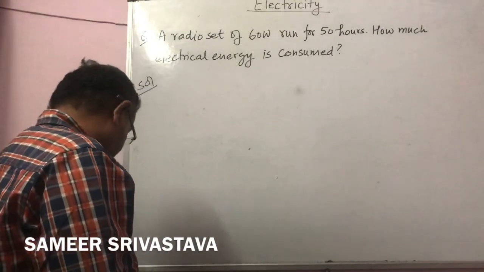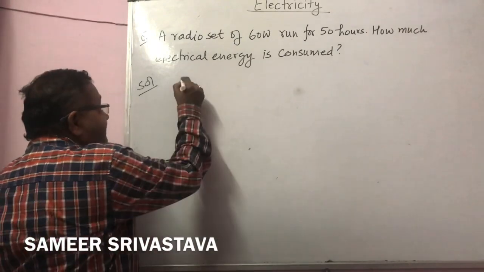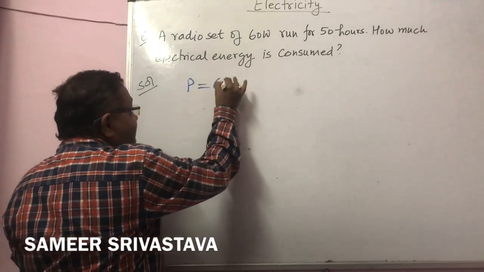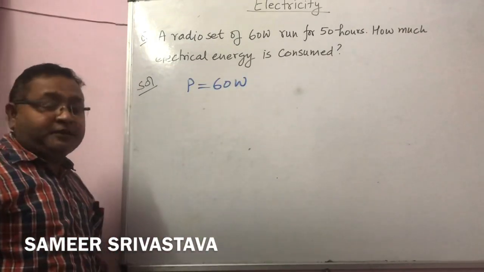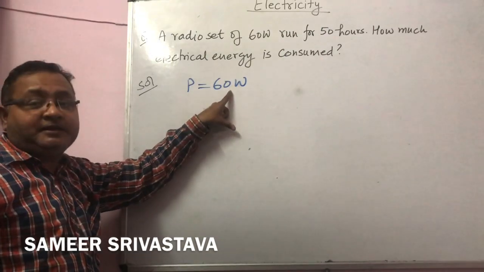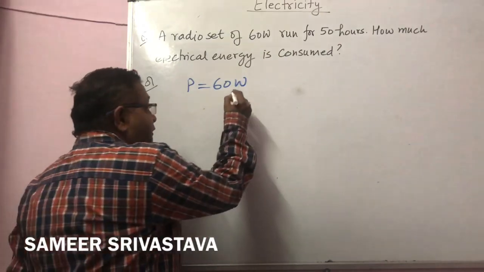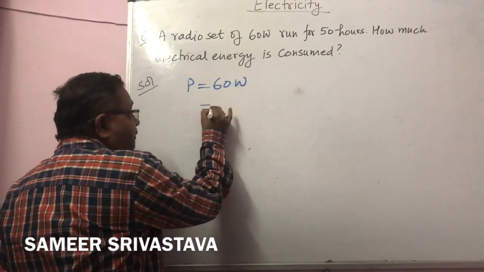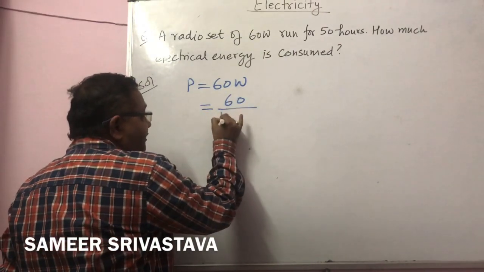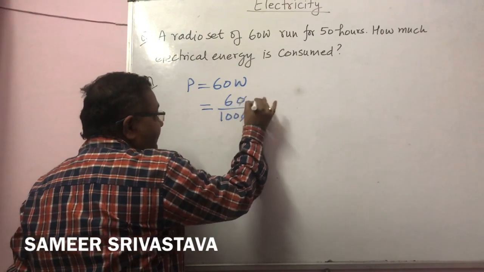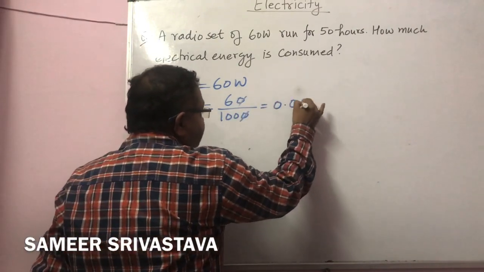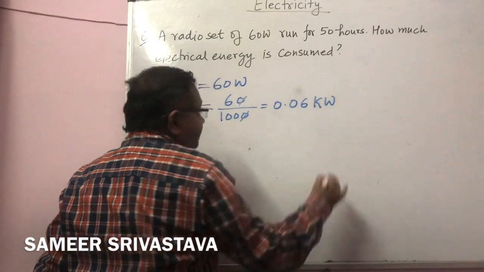Here in this question the power is given as 60 watt. So first of all we have to convert this power from watt to kilowatt, by dividing this value by 1000. So we get the result as 0.06 kilowatt.